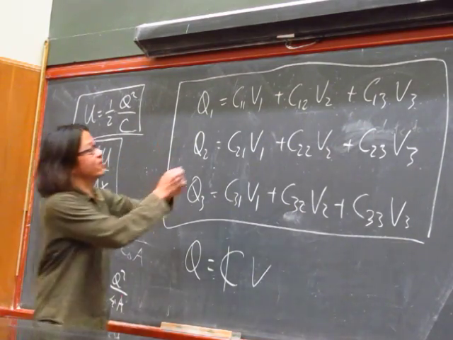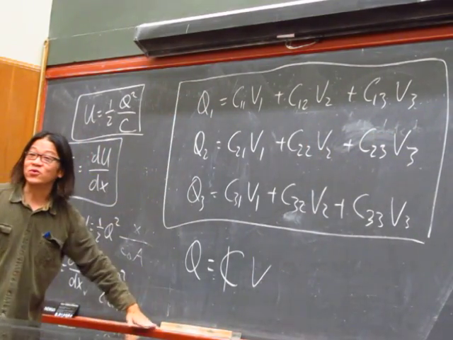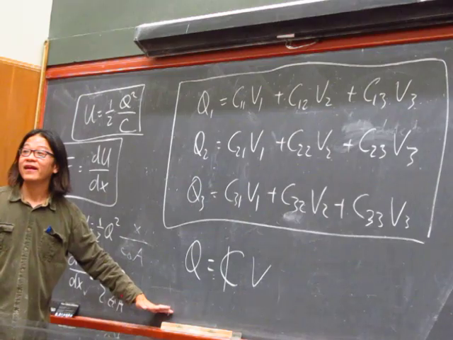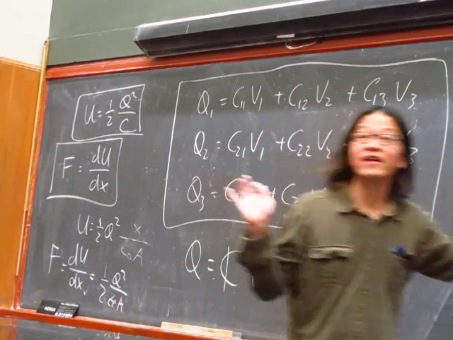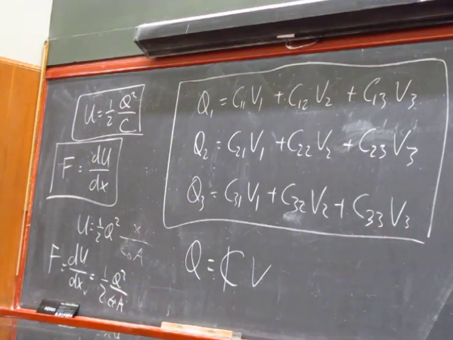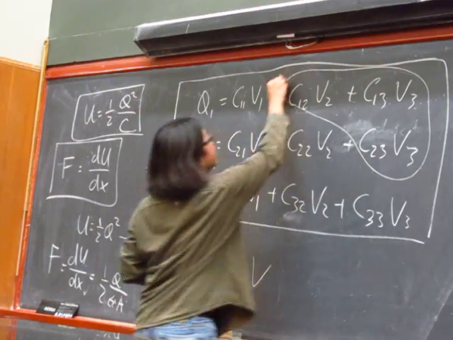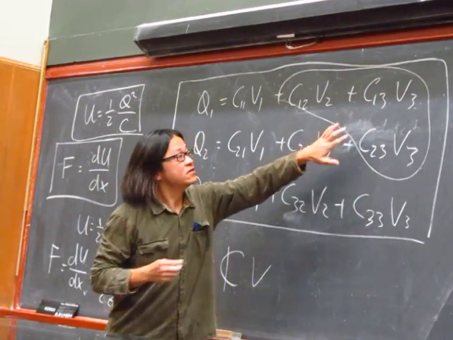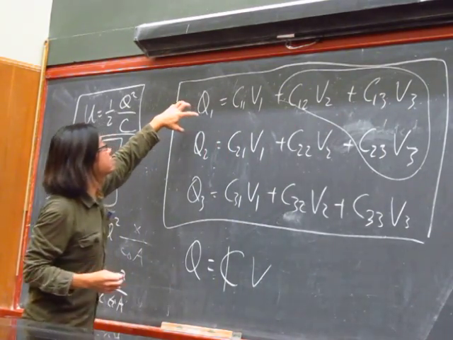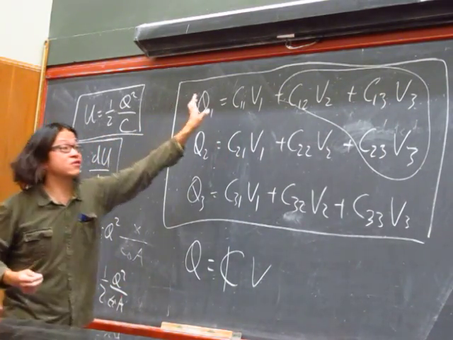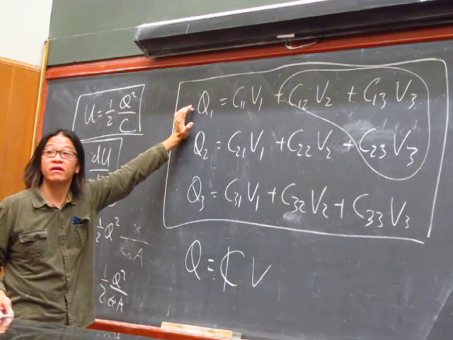If there are n conductors, then this goes on to n, and you have Q1, Q2, Q3 all the way to Qn, and then you can analyze any configuration. This is the cross term. This C13 term tells you, if I have V3, how much is the contribution from V3 that leads to charge Q1 on conductor 1.